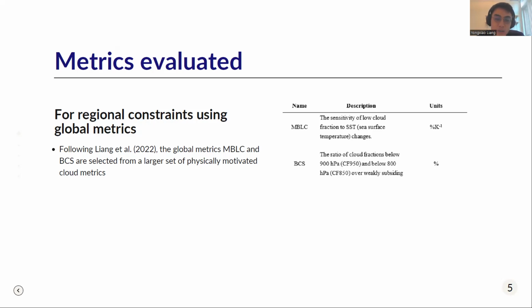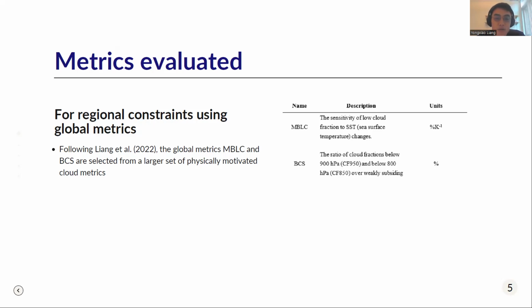We call this cloud metric a global metric because previous studies used those metrics to try to constrain the global mean warming or the models' climate sensitivity, because there is a connection between the regional warming and the global warming for the individual models.